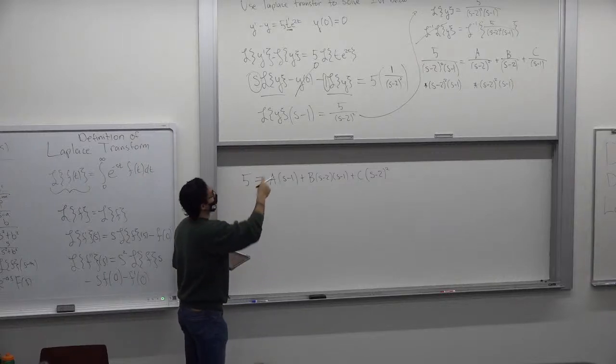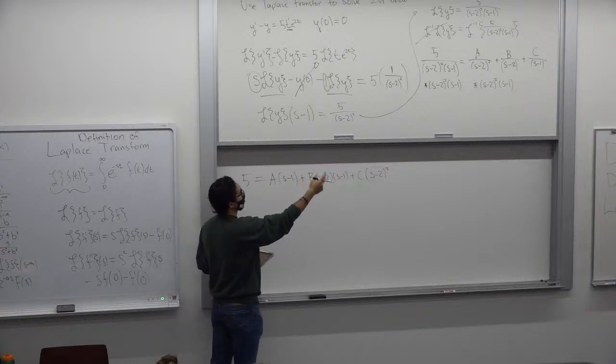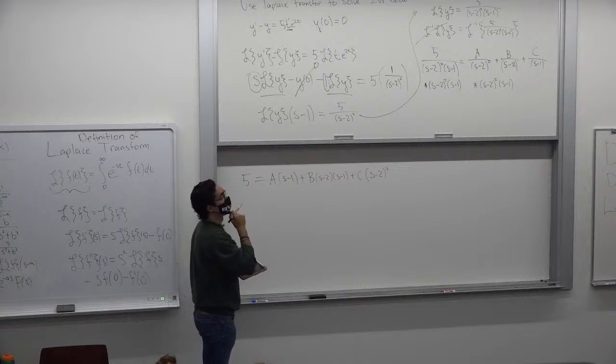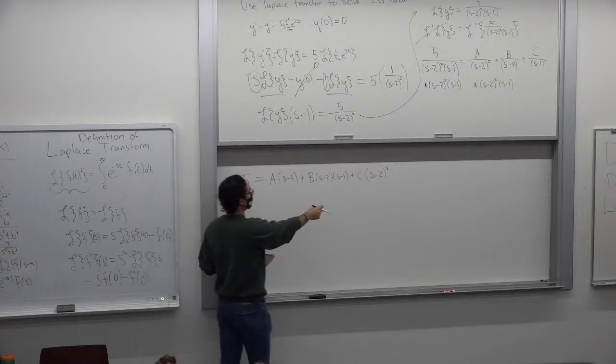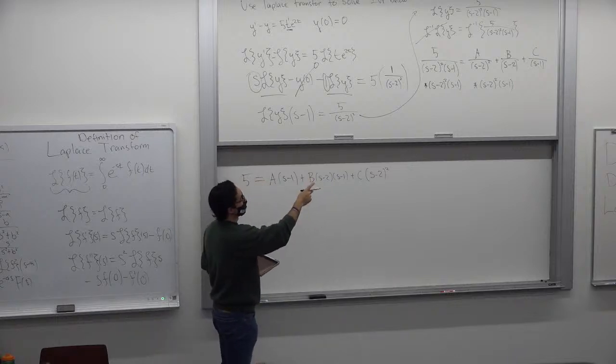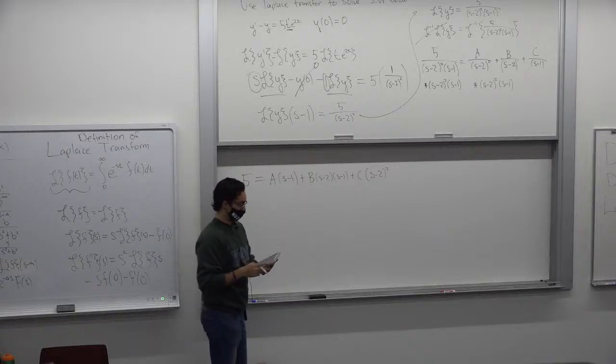So I just multiply through. For our A term, the s minus 2 squared gets canceled out, so we get left with the s minus 1. For the B term, one s minus 2 gets canceled out, so we're left with B times s minus 2 times s minus 1. For the C term, the s minus 1 is canceled out, so we're left with C times s minus 2 squared.